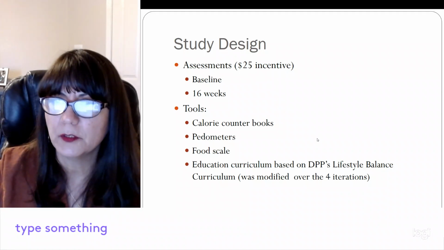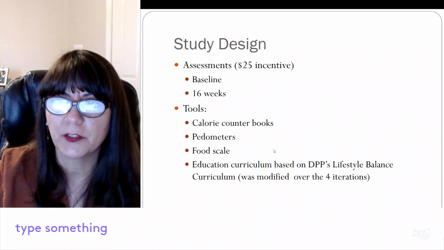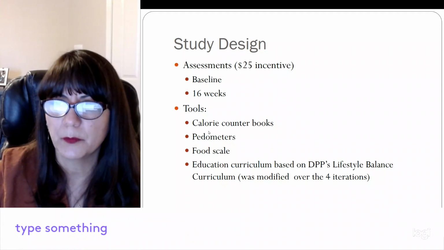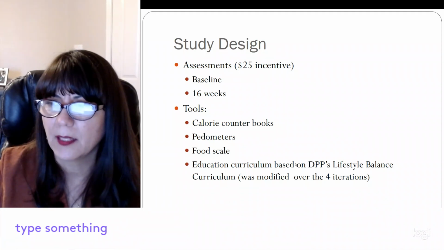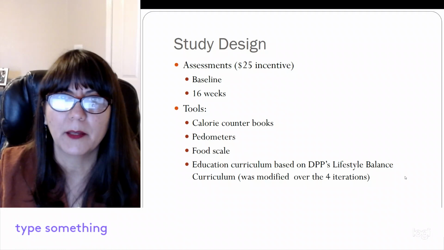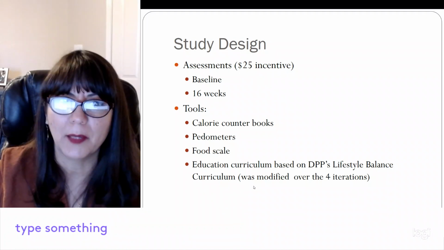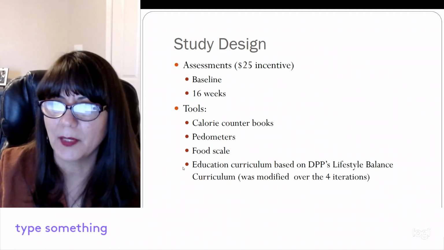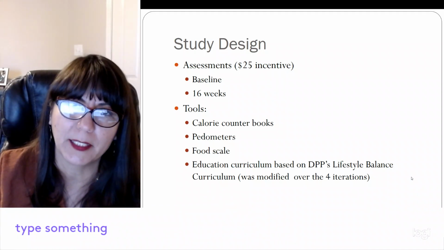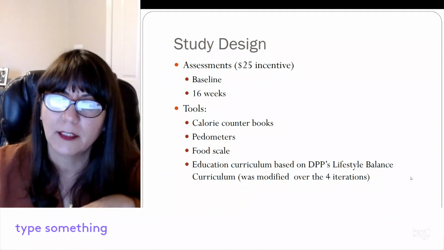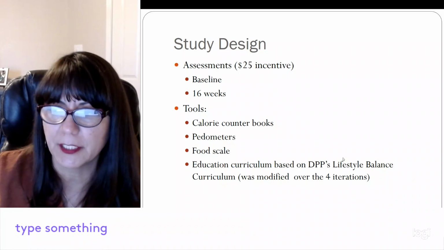Additional tools that they received in order to carry out the intervention were calorie counter books, pedometers, food scale, and then an educational curriculum that was based on the diabetic program's lifestyle balance curriculum, right? And this is the program that was culturally adapted across those 4 iterations of the intervention delivery.